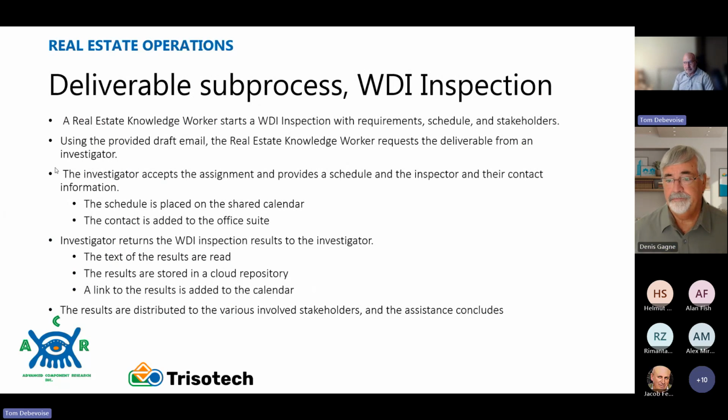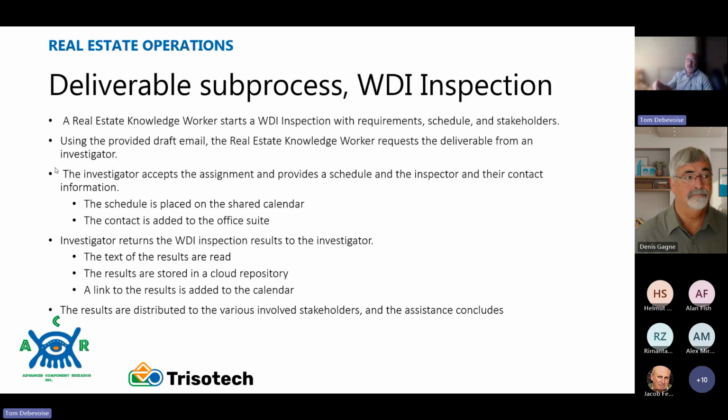So again, this is what we're going to show in our proof of concept or our demonstration, right? And just to drive home the point, when the worker starts an inspection process with the requirements, the schedules, and the stakeholders, we request that deliverable from the inspector, and the inspector will accept the assignment and provide a schedule, and then their contact information, if someone else is doing it, right?